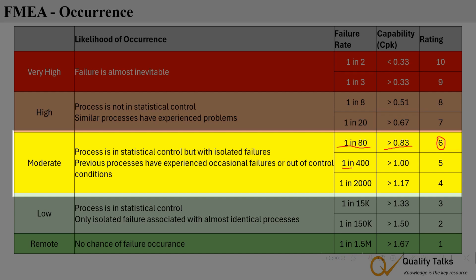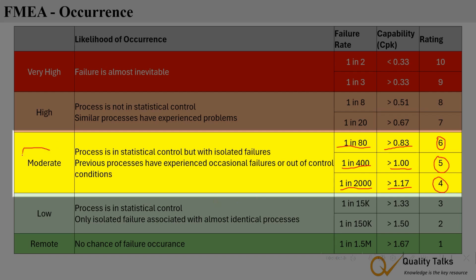When failure is 1 in 400 or process capability is more than 1 but below 1.17, then the occurrence rating is 5. If the failure rate is 1 in 2000 and process capability is more than 1.17 but less than 1.33, then the occurrence rating is 4.